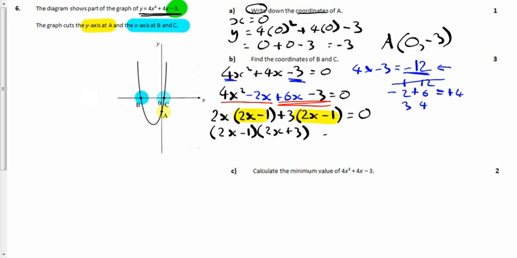Need to remember to put in equals 0 for each line. To solve this, 2x minus 1, so this factor would equal 0.